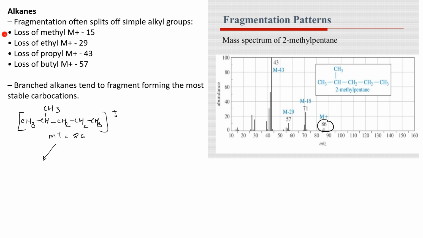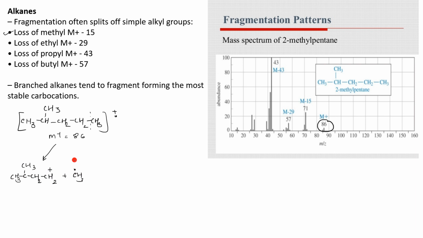Now we have seen that for alkanes you can start with loss of methyl group. If in the exam you're not aware what to do, you simply start with the methyl group. Now if you break this methyl, what is left? CH3, CH3, CH2, CH2. This part will form the cation, and CH3 will be formed as a radical.